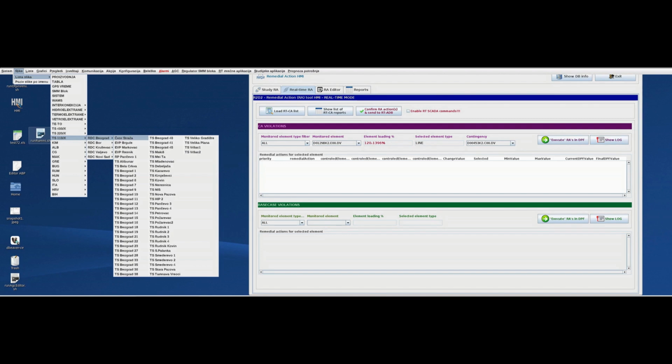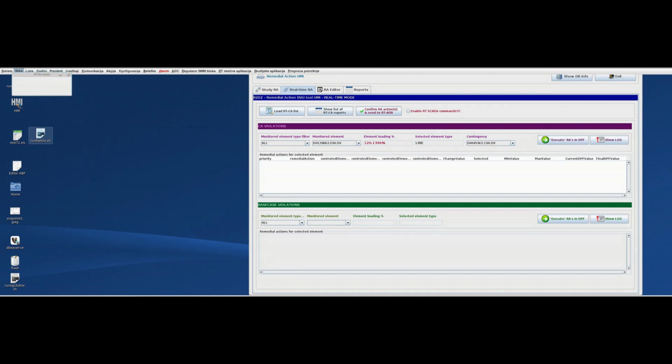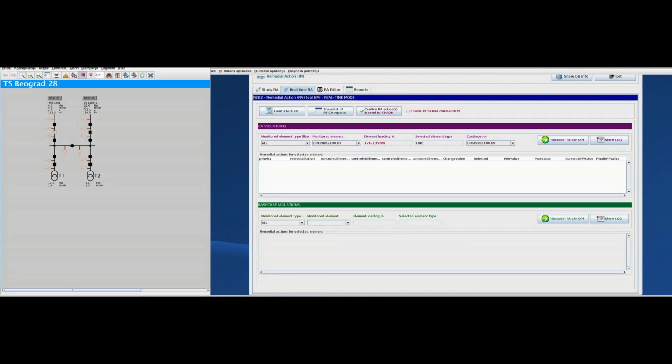The line is connecting Belgrade 28 to substation Belgrade 20. With this switching, the dispatchers are hoping to alleviate the load from the 110 kV line between Belgrade 3 and Belgrade 20 and solve the contingencies.